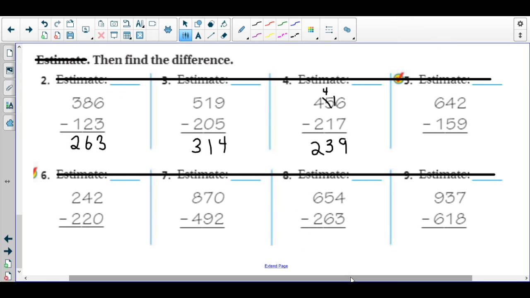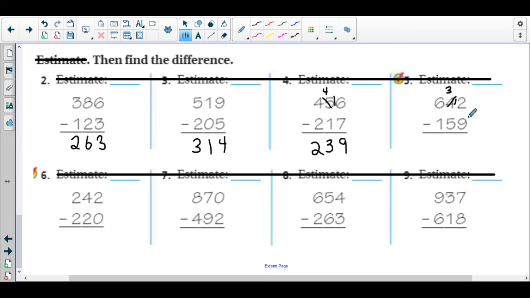And let's see here. Oh, this one looks like it's going to be fun. 642 minus 159. Can I take 9 from 2? No, I can't. The top number is smaller than the bottom number, so I need to borrow. So borrow 1, add 1.